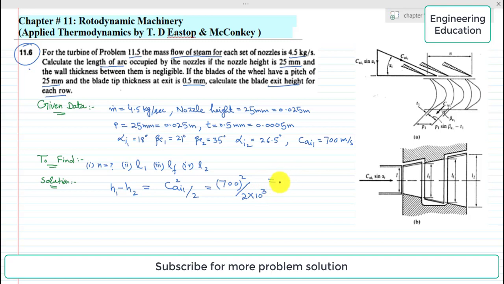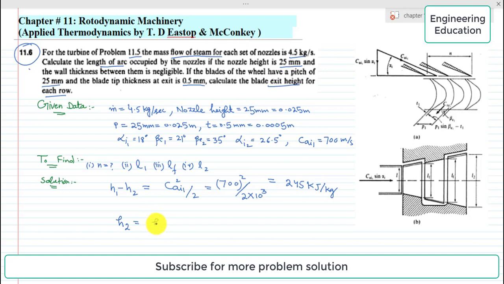Simplifying this, we get the value which is 245 kilojoule per kilogram. So the difference H1 minus H2, this is the enthalpy drop, is equal to 245 kilojoule per kilogram.